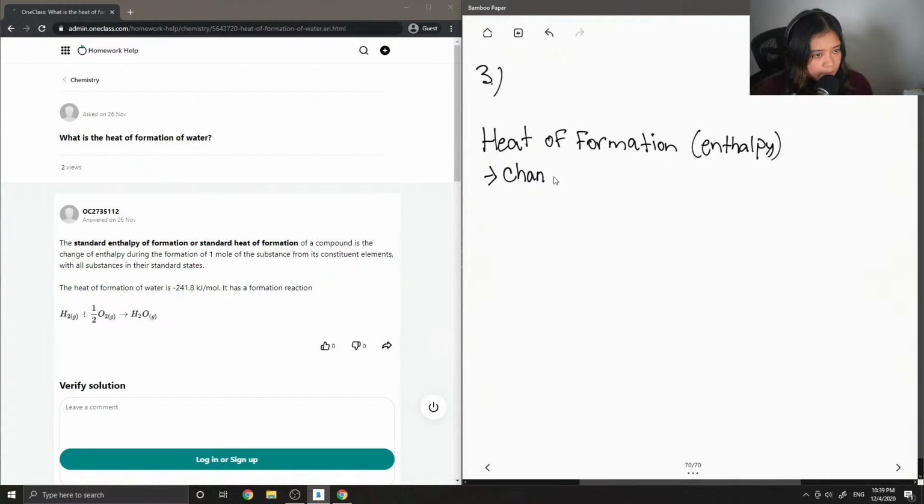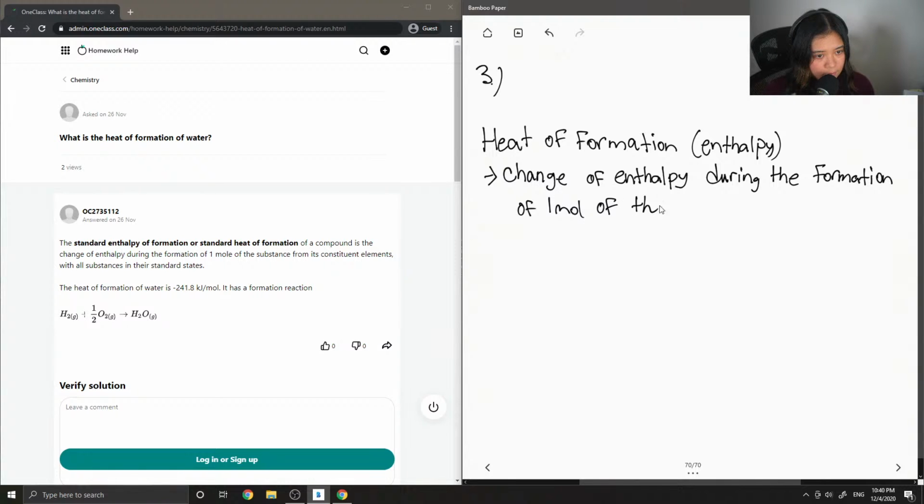So the heat of formation is the change of enthalpy during the formation of 1 mole of the substance. And this is when it's formed from its constituent elements.